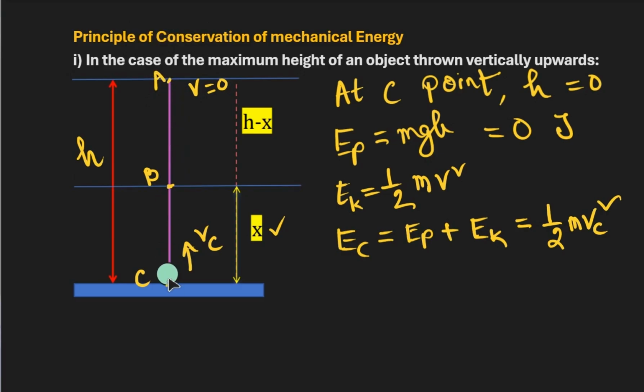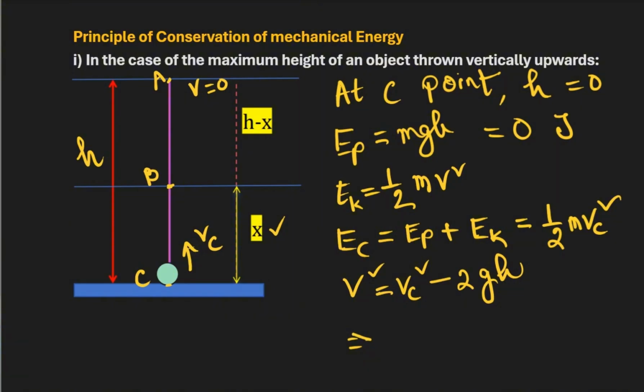So the equation for the final velocity: v square equals Vc square minus 2gh, as it goes upward against the acceleration due to gravity, and the maximum height is h.